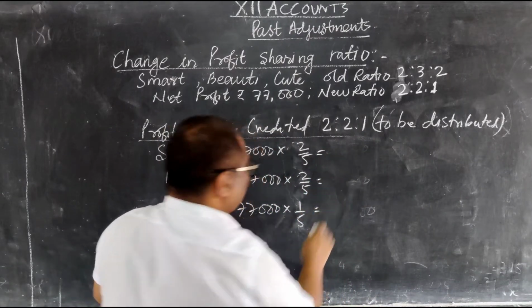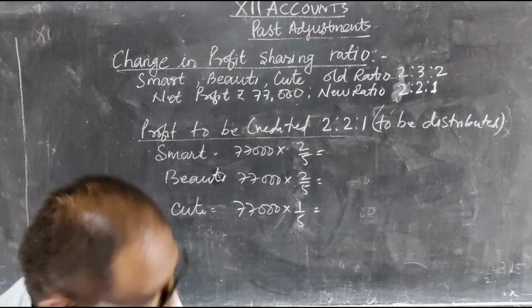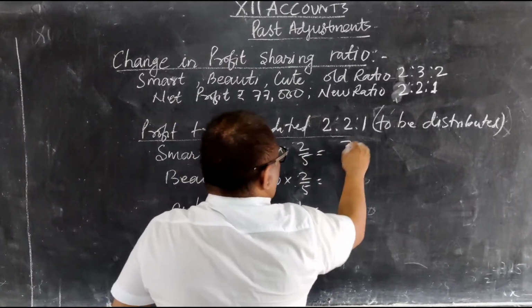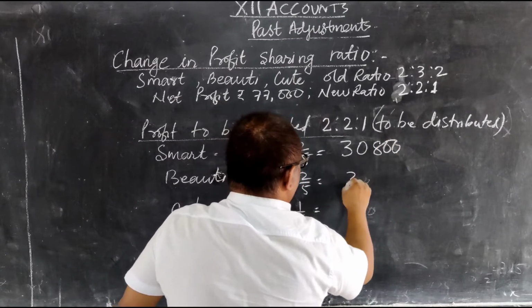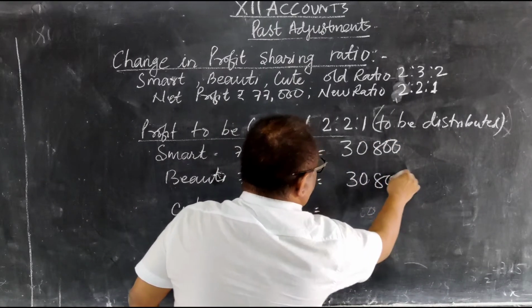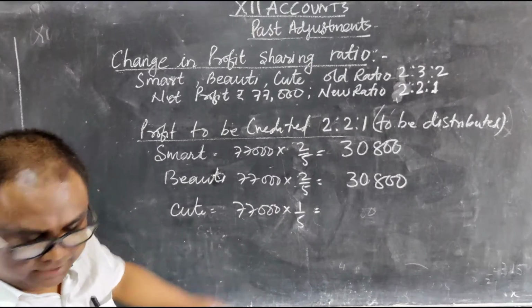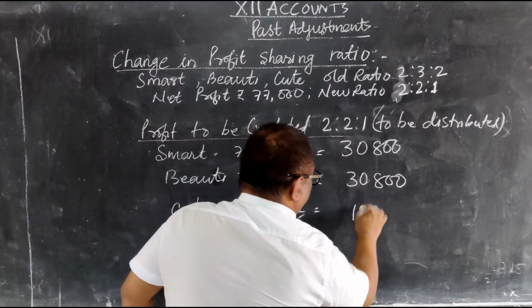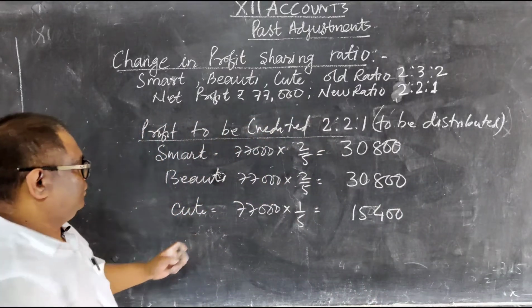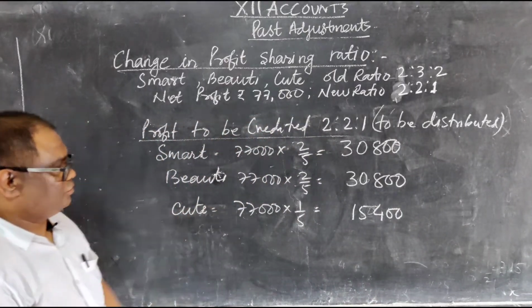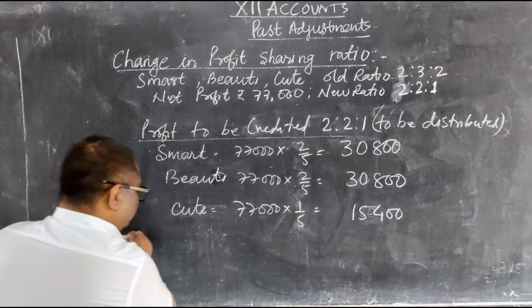So what is the new share of profit? Now the new share of profit is 30,800, 30,800 and 15,400 of Cute.